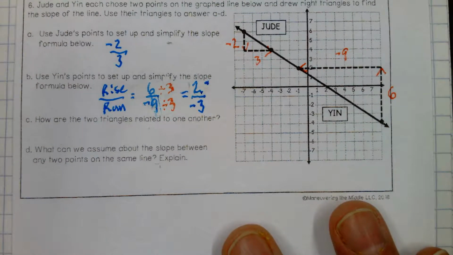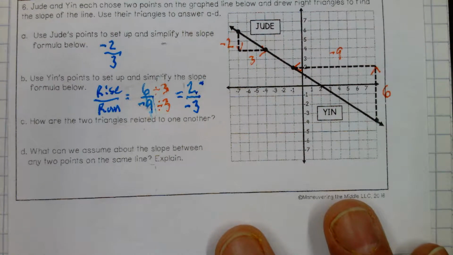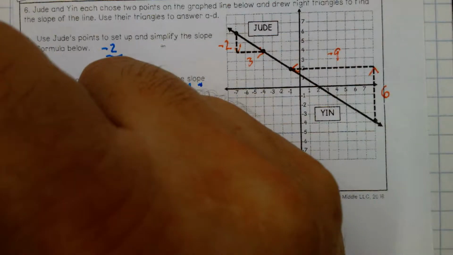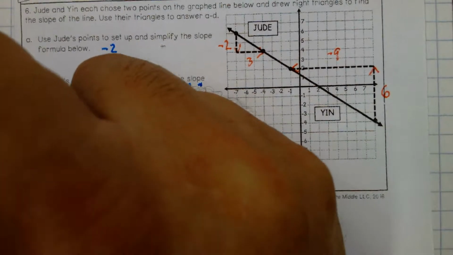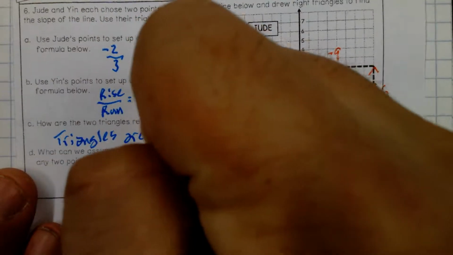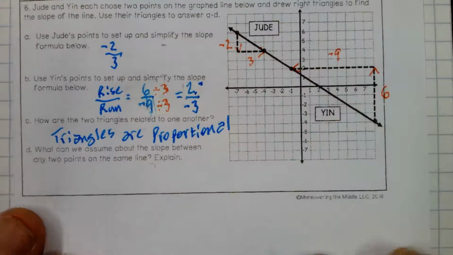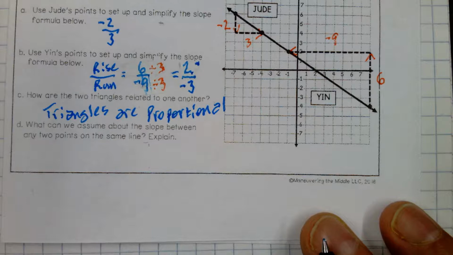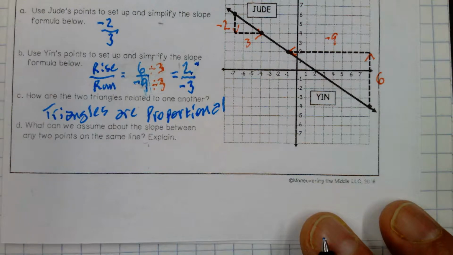How are the two triangles related to one another? It's something we're going to cover later, but these two triangles are proportional. So triangles are proportional. And we'll learn more about proportional triangles later when we do some geometry.